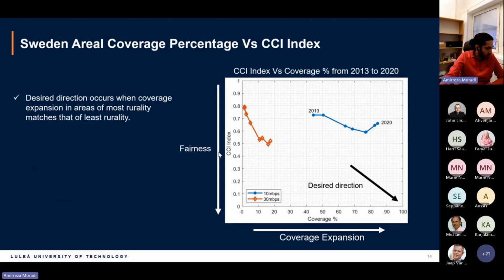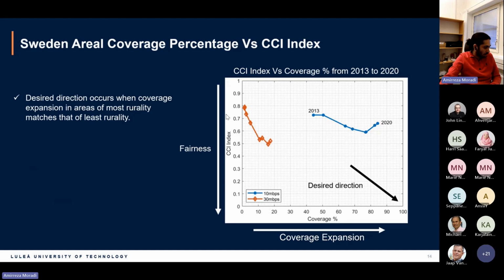You can observe in 2013, around 42% of Sweden has access to 10 megabits per second, and in 2020, around 85 or 86% of Sweden benefits from 10 megabits per second. While for 30 megabits per second, in 2013 only 2% of Sweden benefits, and in 2020, roughly 18% of Sweden.